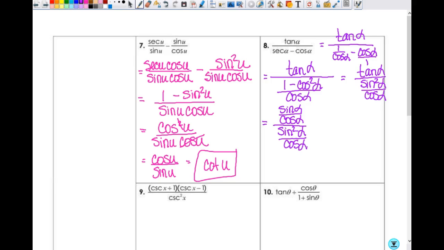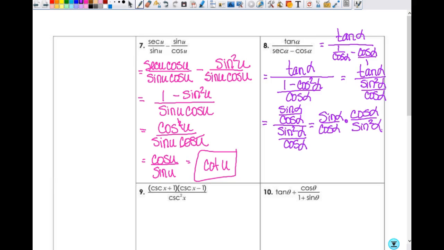And your rule when you divide by fractions is you take the sine of alpha over cosine alpha, and instead of dividing by the fraction, you multiply by its reciprocal, which is cosine alpha over sine squared alpha. Okay? You should not skip steps. It's a bad idea because you may think something's going to happen and then it doesn't, or like things cancel out. So you should be very diligent in what you're writing so you don't confuse yourself.